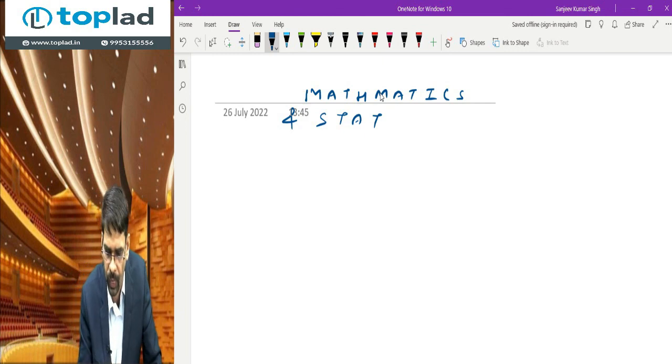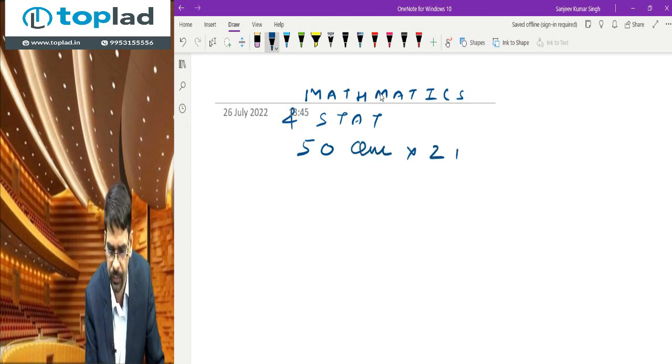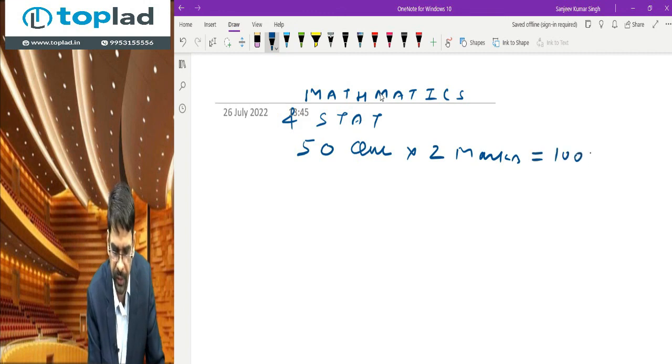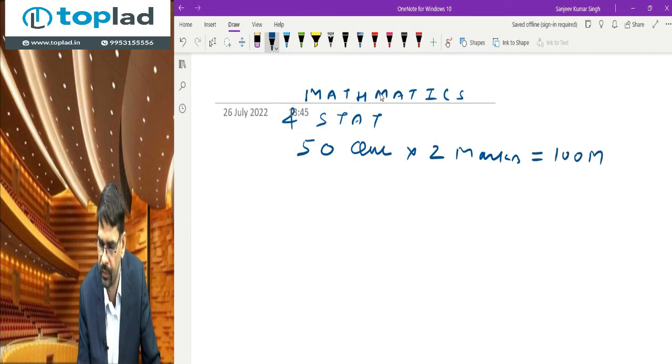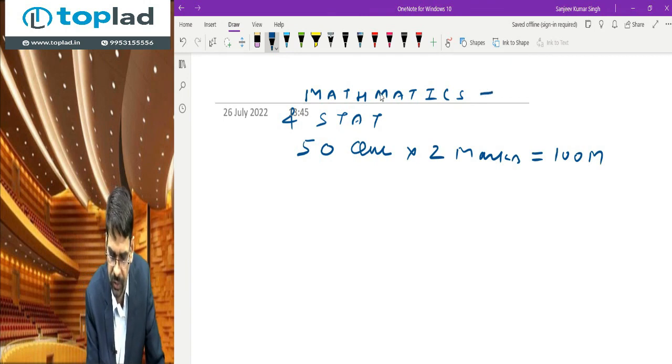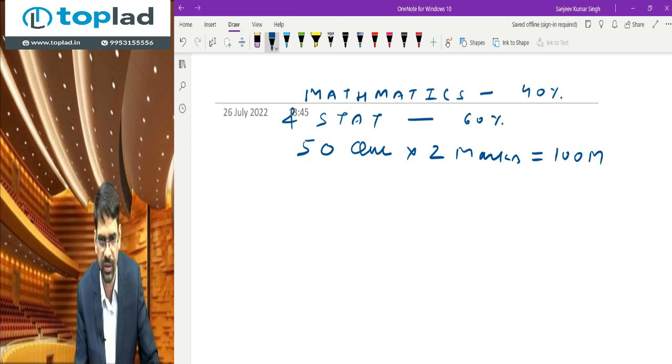This is a paper of 50 questions, 2 marks each, total 100 marks. Maths is 40% and stats is 60%.